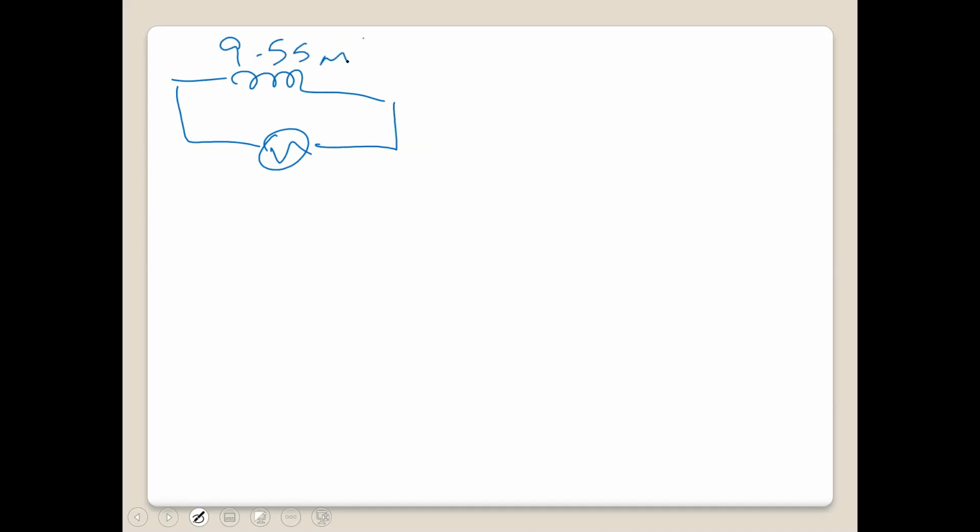Next, we have the inductor, and it's 9.55 millihenries. So what do we first need to do?